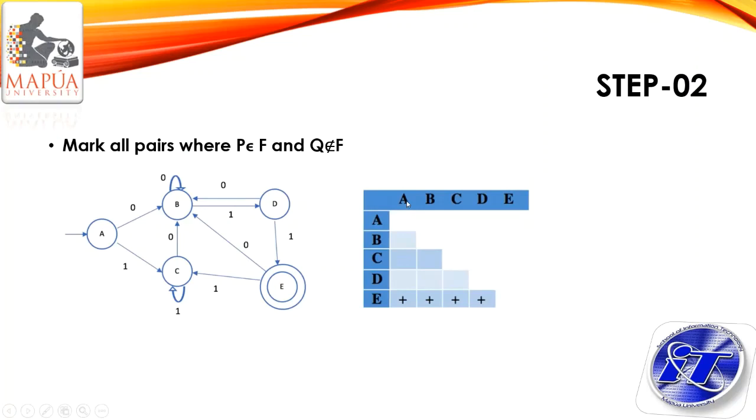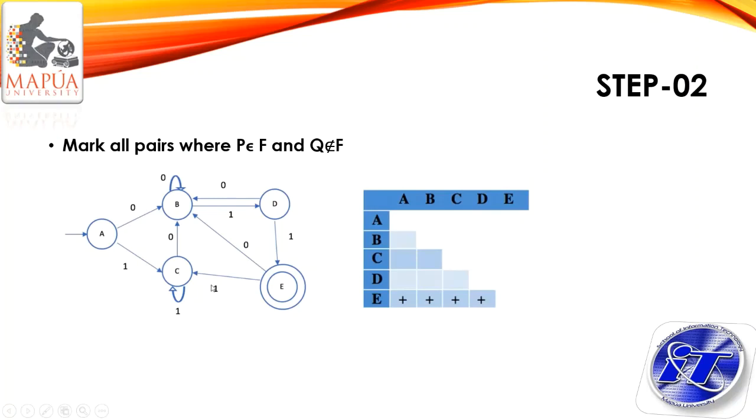C and A are non-final states, therefore we're not going to mark it. B, C, non-final, so no marking. D, A, no marking. B, D, same, non-final states, so no marking. And D, C, both are non-final, so no marking.